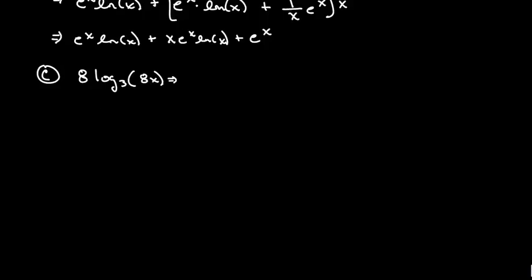Let u be equal to 8x. So what I've got then is d dx of 8 times log base 3 8x, like that. We can pull the 8 out, so that's one of our rules. So we get this.